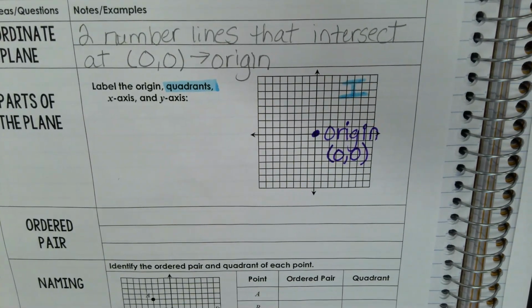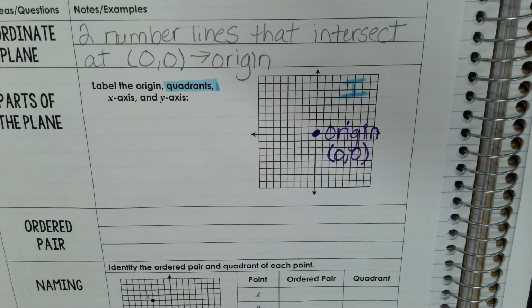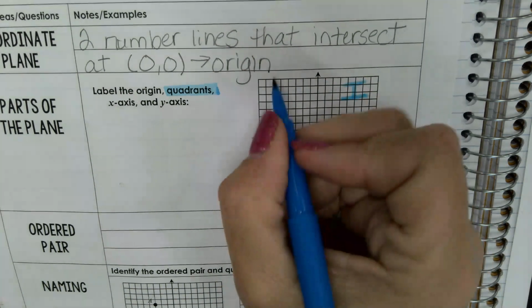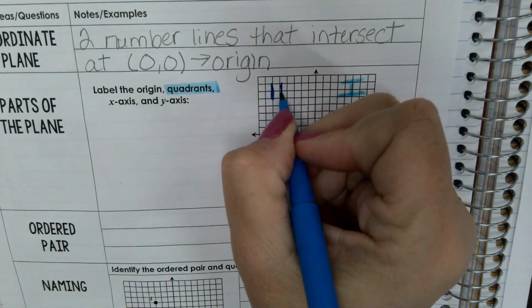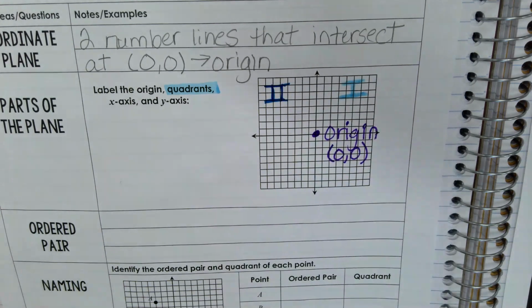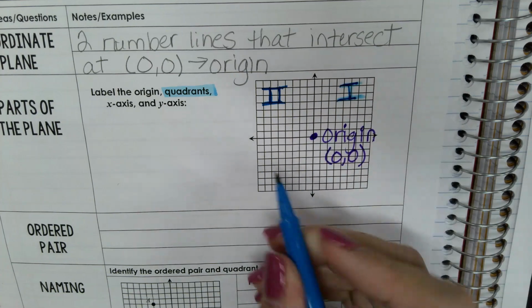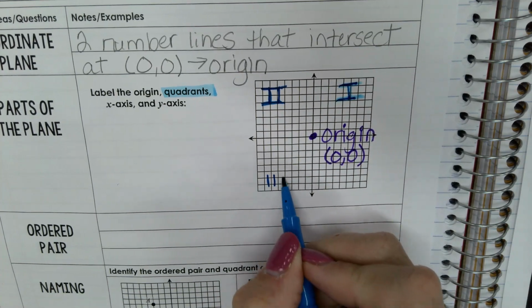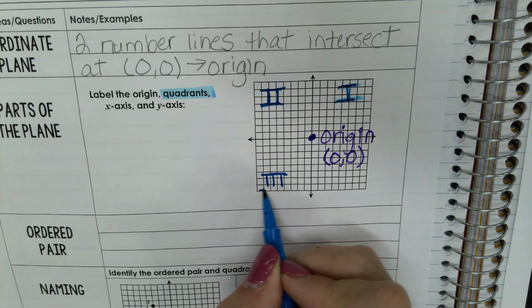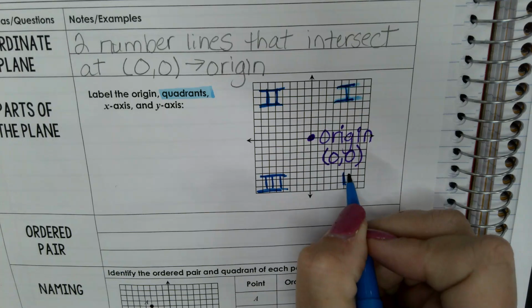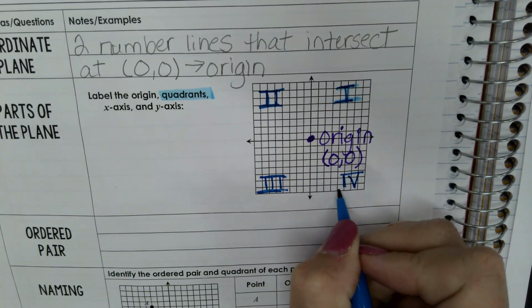We have to use Roman numerals. And I'm going to write this better. This is quadrant 2, so we're going counterclockwise. Quadrant 3, so we're going backwards counterclockwise. And quadrant 4, IV, Roman numeral 4.